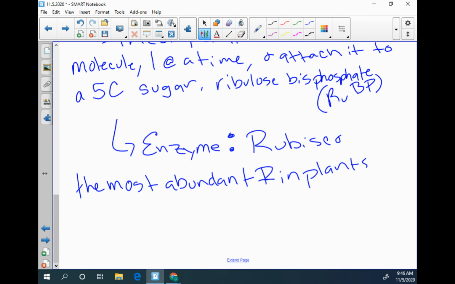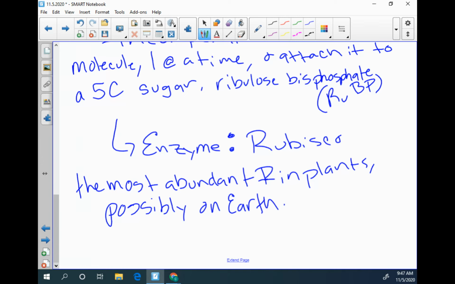So Rubisco, even though it doesn't end in -ase, is still an enzyme. It's the most abundant protein in plants and possibly on Earth. We can't really do the exact calculations, but of the proteins that are made by living things, Rubisco is up there. We need a lot of it.